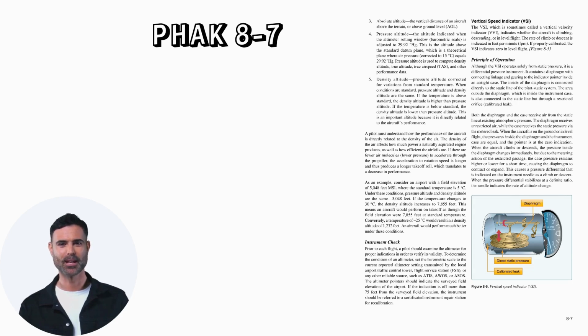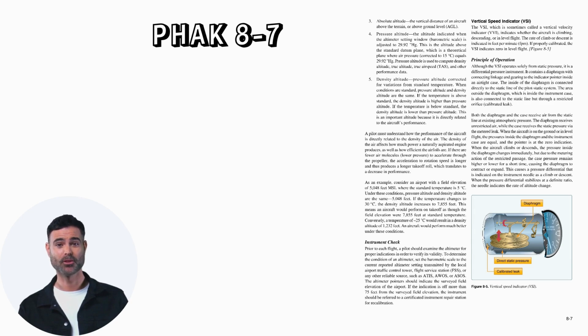The area outside the diaphragm, which is inside the instrument case, is also connected to the static line, but through a restricted orifice, a calibrated leak. Both the diaphragm and the case receive air from the static line at existing atmospheric pressure. The diaphragm receives unrestricted air, while the case receives the static pressure via the metered leak.